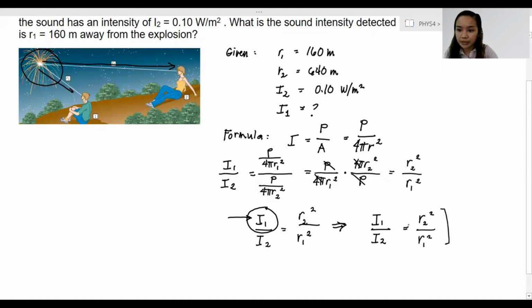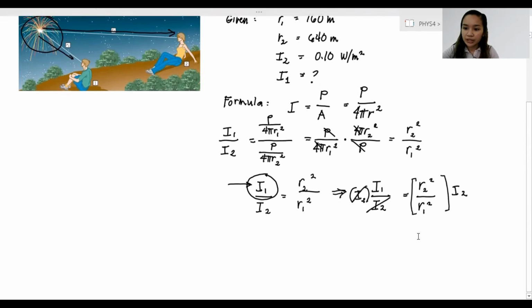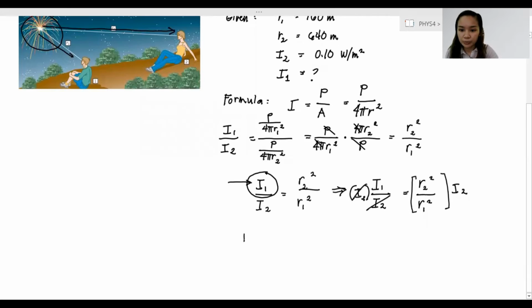Then I will multiply this with I sub 2, and I will also multiply the other side with I sub 2. So here it cancels out, and I1 remains. So our equation for I1 becomes I2 times R sub 2 squared over R sub 1 squared.